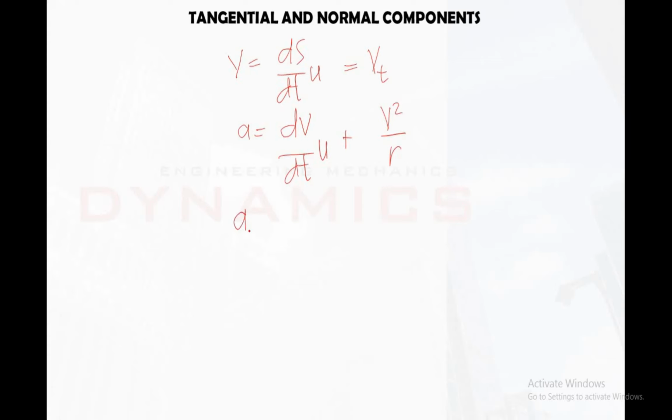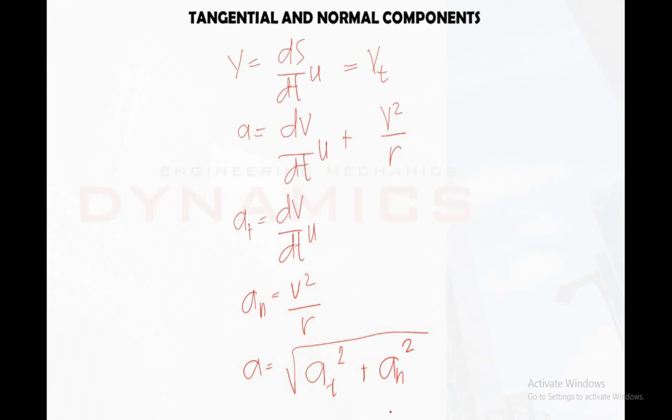Okay? And take note that at is equal to dv over dt u, and your normal acceleration is equal to v squared over r. For the resultant form of your acceleration, that is equal to the square root of tangential acceleration squared plus normal acceleration squared. These are the equations we have to remember here in the tangential and normal components for the curvilinear motion of a particle.